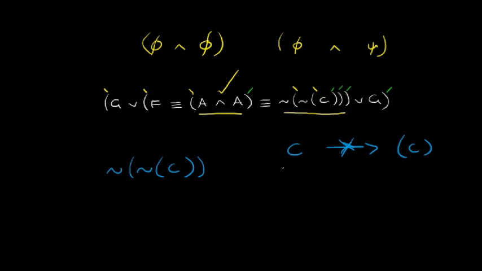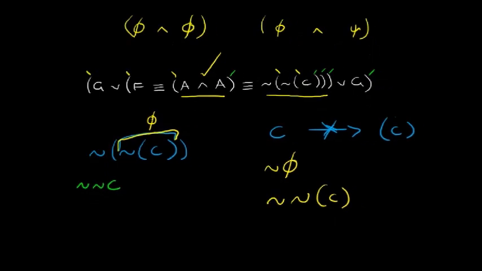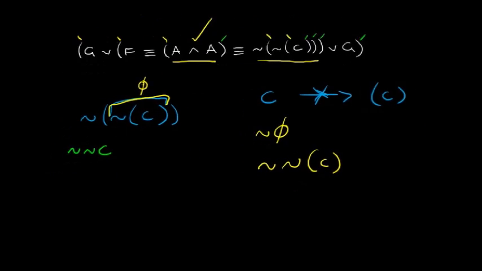And we've also got this, if we allow the negation of C in brackets, if that were phi, we wouldn't be able to get to this extra set of brackets around it again. We'd just get to not phi, which would be not C. So to sort this out, what we need to do is get rid of these brackets entirely, and we just end up with not C to resolve that.